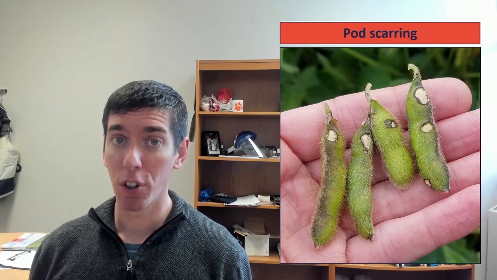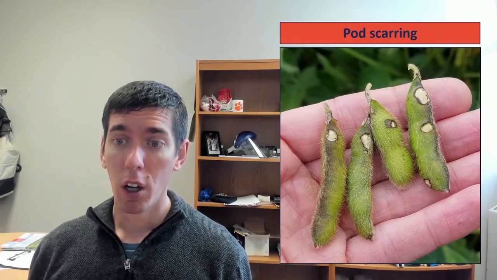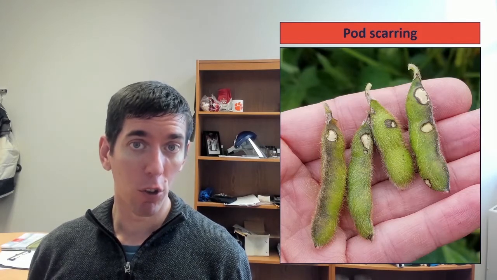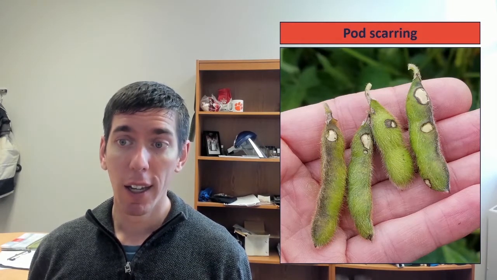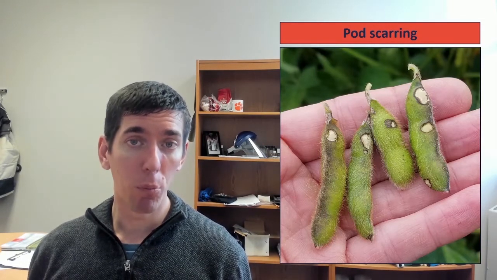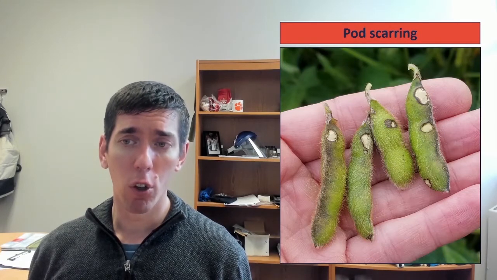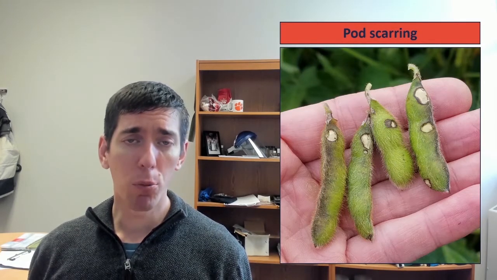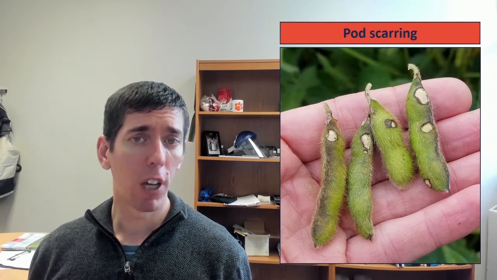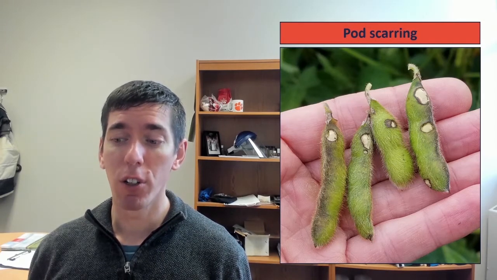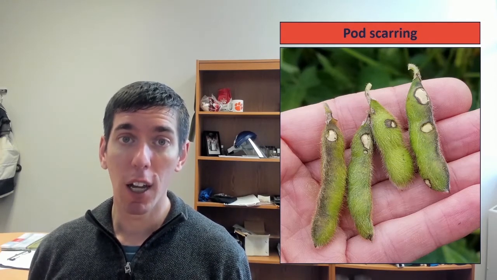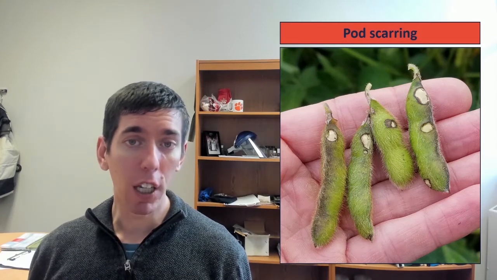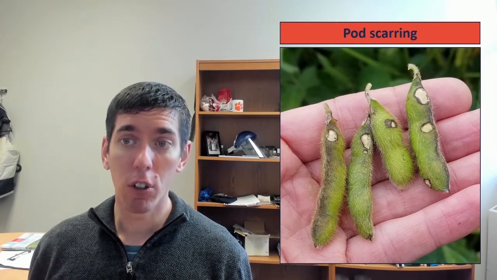But there were definitely some areas where an insecticide for this sort of damage was justified. And so when we look at bean leaf beetle damage in Illinois, this is probably what concerns us the most. And again, this isn't an issue that we see every year by any stretch of the imagination. But when we do see it, it can be a serious concern.